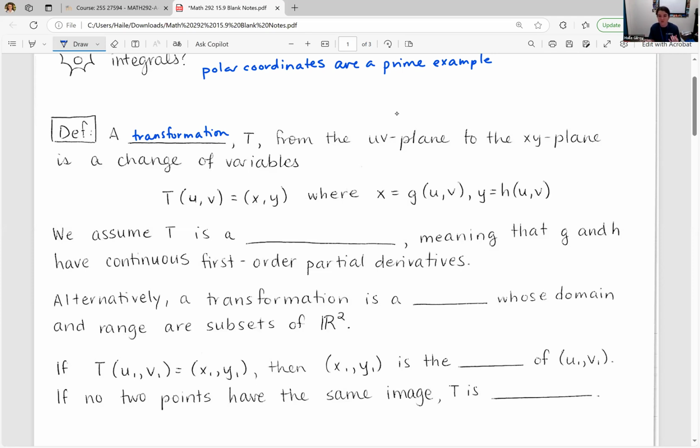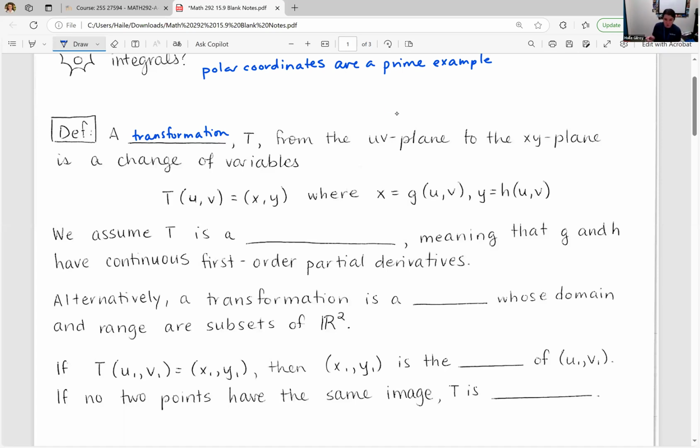We call a transformation T. When we plug u and v into this transformation T, we get out the variables x and y. And x and y themselves are functions of u and v, right? Because if they weren't, how would we plug in u and v and get x and y? So that's the way to think about this.